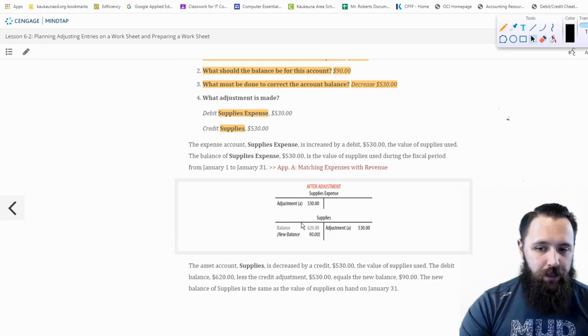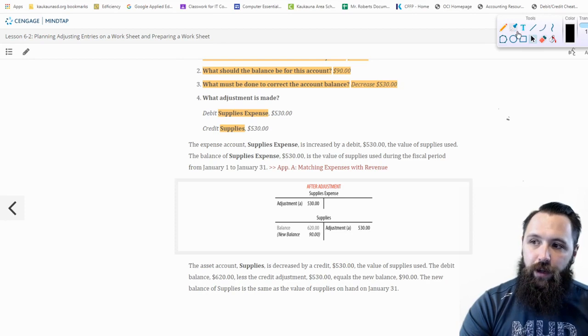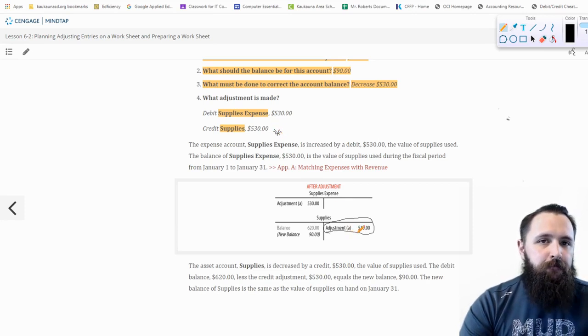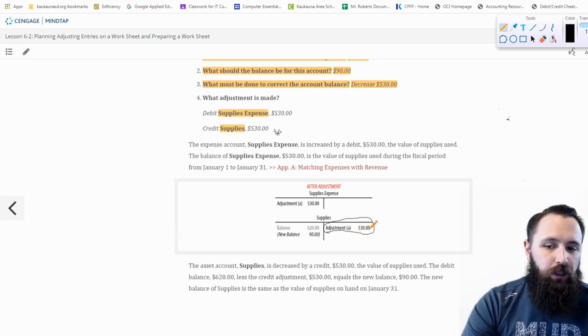And then supplies had that $620 balance. We need to make the adjustment. So what do we do? Make sure that you're seeing this here. This is the adjustment over here, the 530. So we take this 530, we credit supplies, just like it shows right here. You almost think about it like a transaction that you're pushing into the ledger.